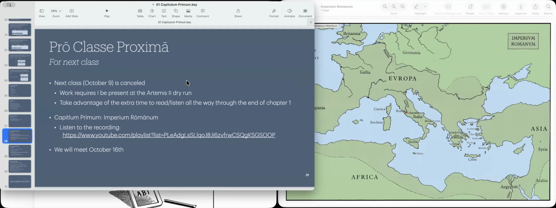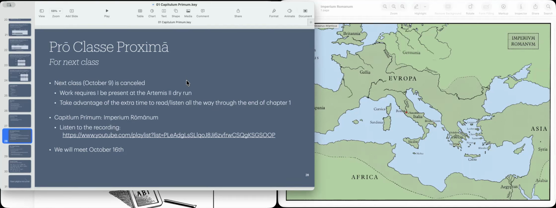I work on the Artemis mission to the moon, and we are having a dry run on Thursday of next week, and I have to participate. I tried to wiggle out of it, but they said no. So take advantage of the extra time.